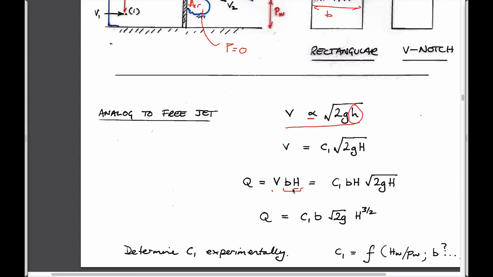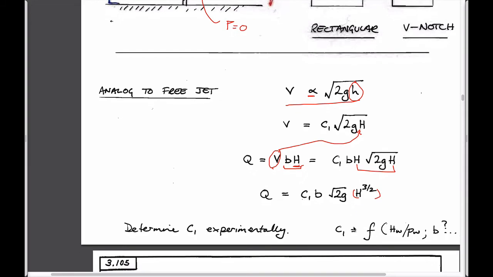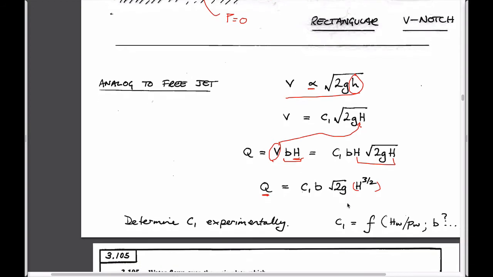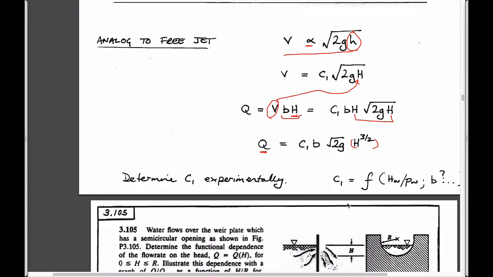Because the height comes in here and is also present in this velocity, it ends up just being a multiplier on two of them. So instead of square root of 2g h times h, it's just square root of 2g times h to the 3 over 2. So this is just a rearrangement of that. And so again, we can get flow rate as a function of this, a consequence, if you like, of it looking like a free jet.